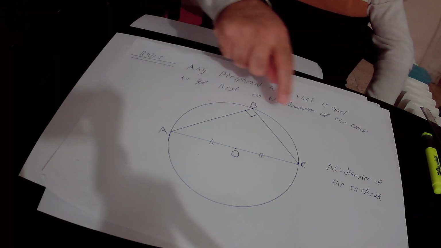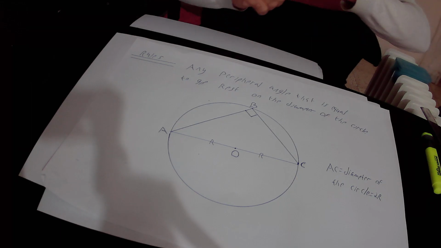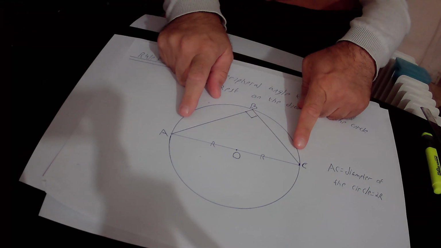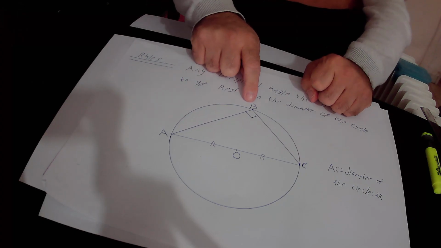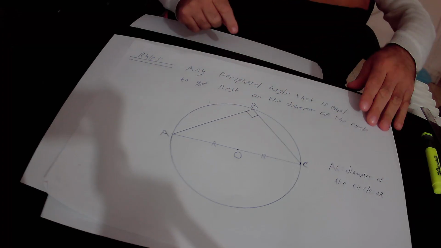Peripheral angle ABC equals 90 degrees, therefore it rests on the diameter of the circle. AC is the diameter of the circle.